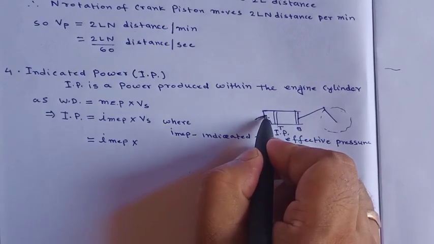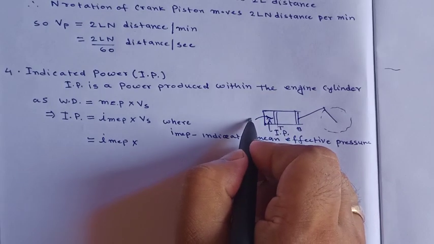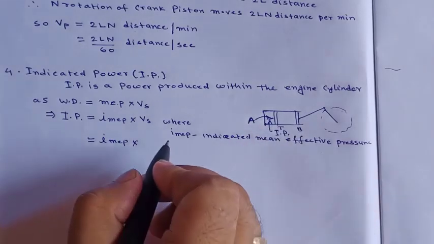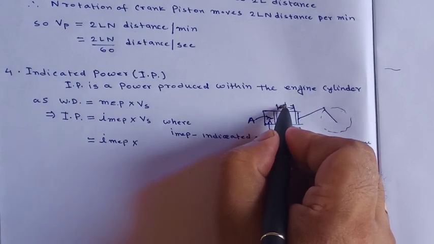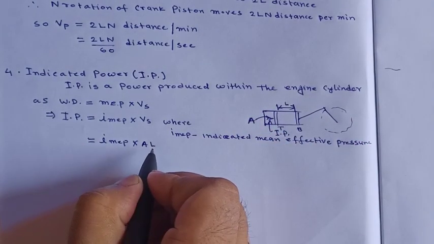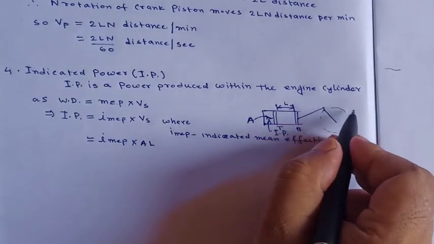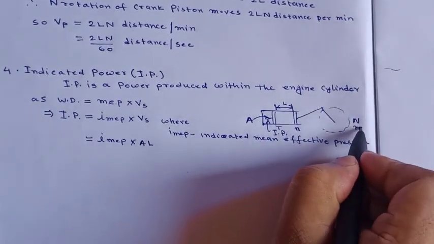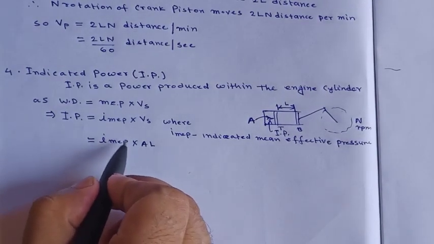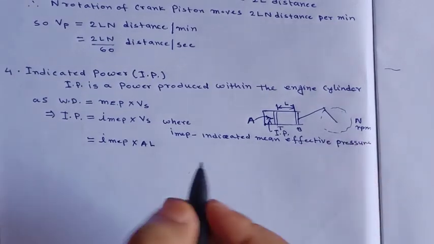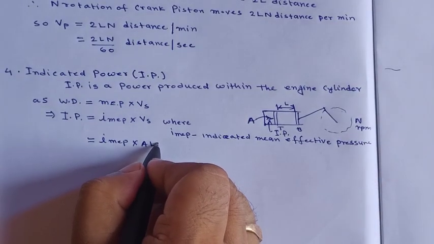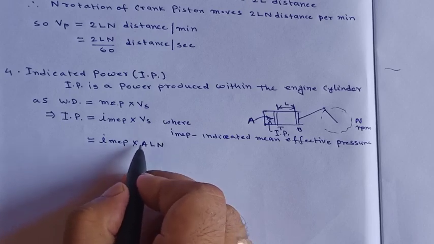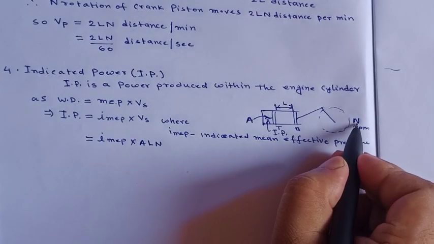So if the area of this piston is A, then the volume swept is A into L, and due to the rotation of this crank at N RPM, the swept volume in 1 minute is ALN, because N is the RPM.